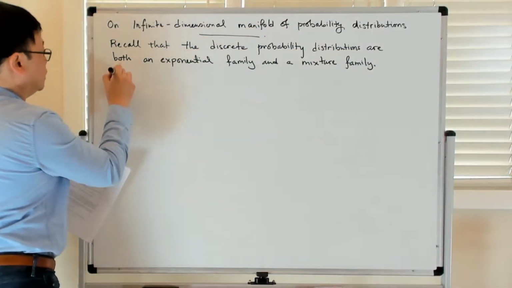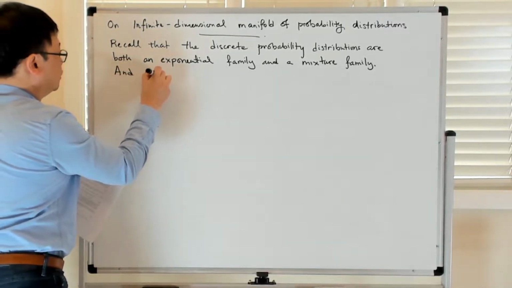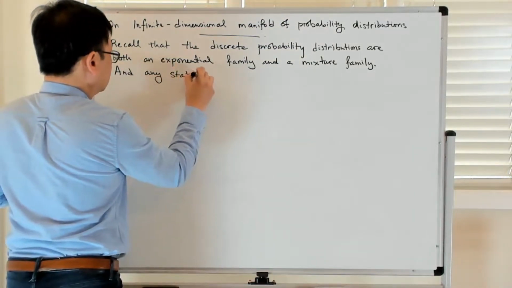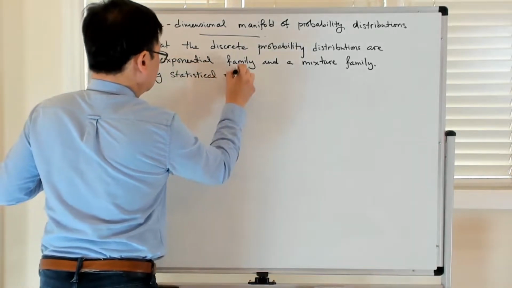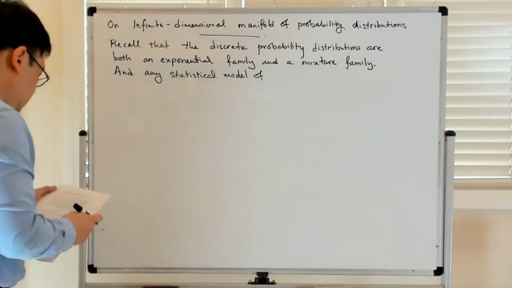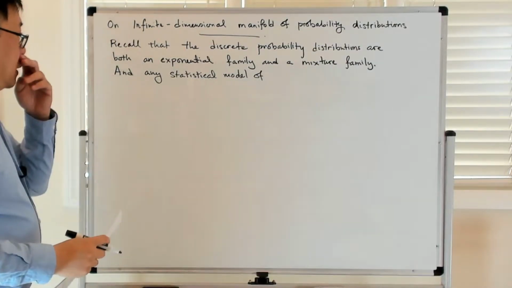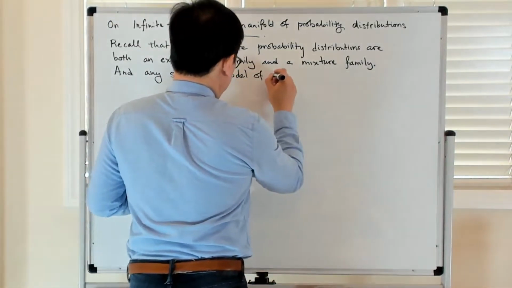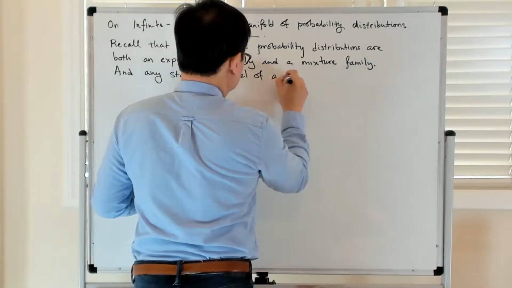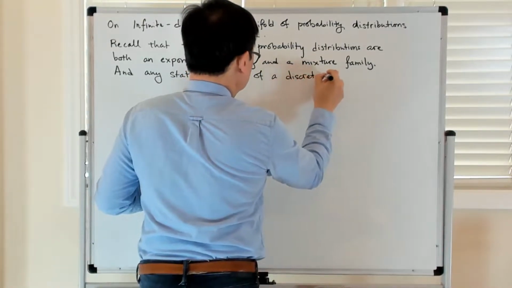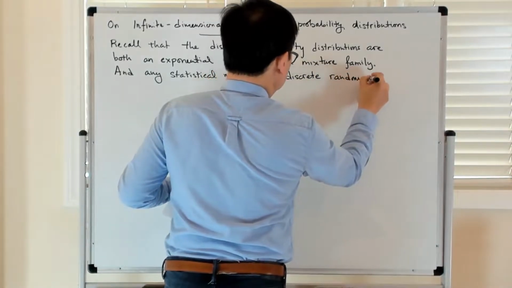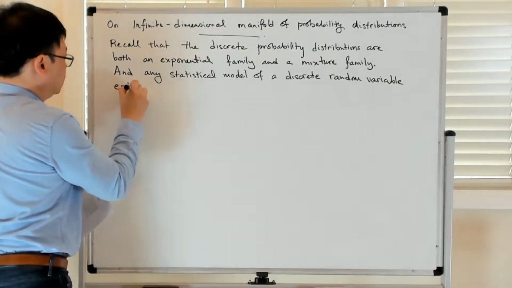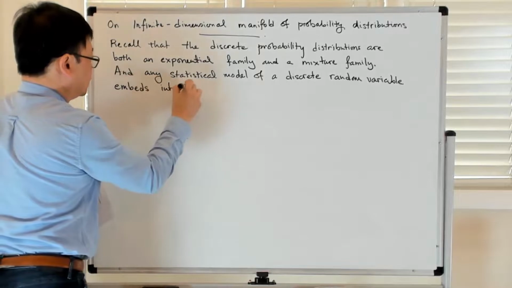And sort of any statistical model of a discrete random variable embeds into the space of discrete probability distributions by definition. Embeds into this space.